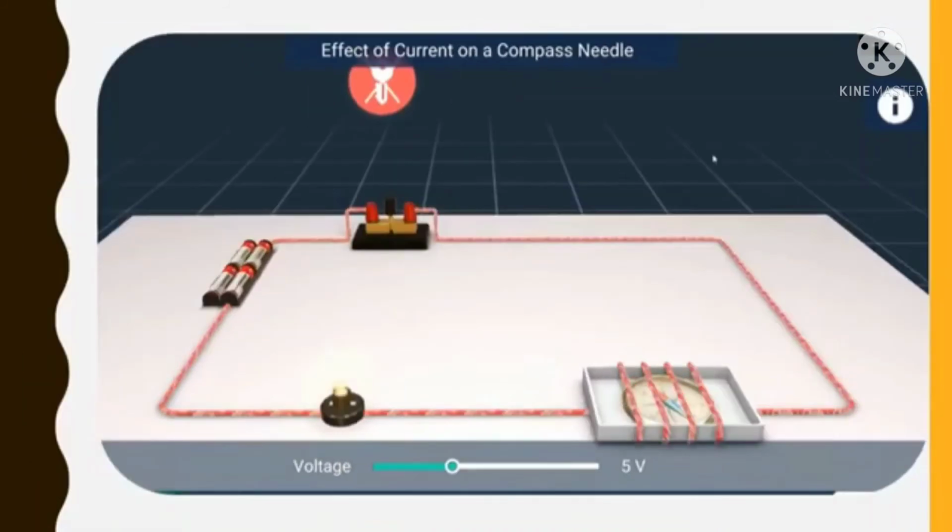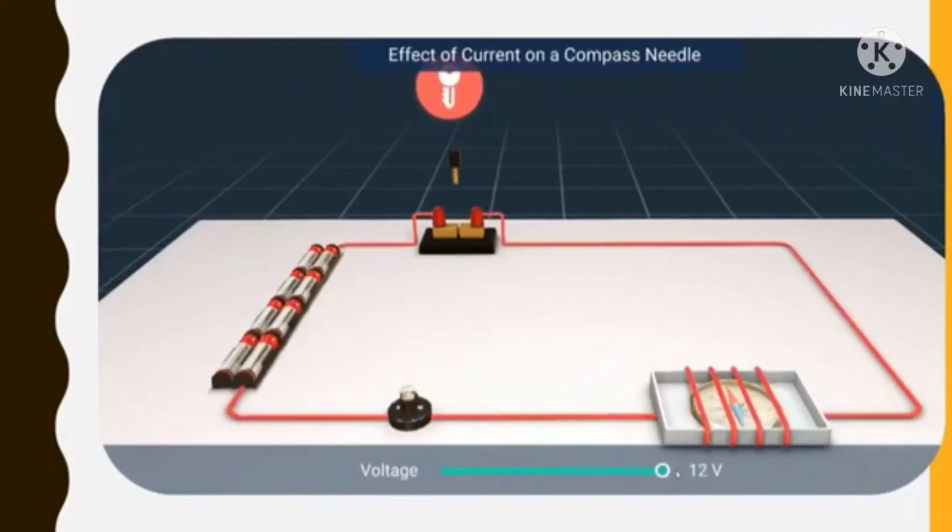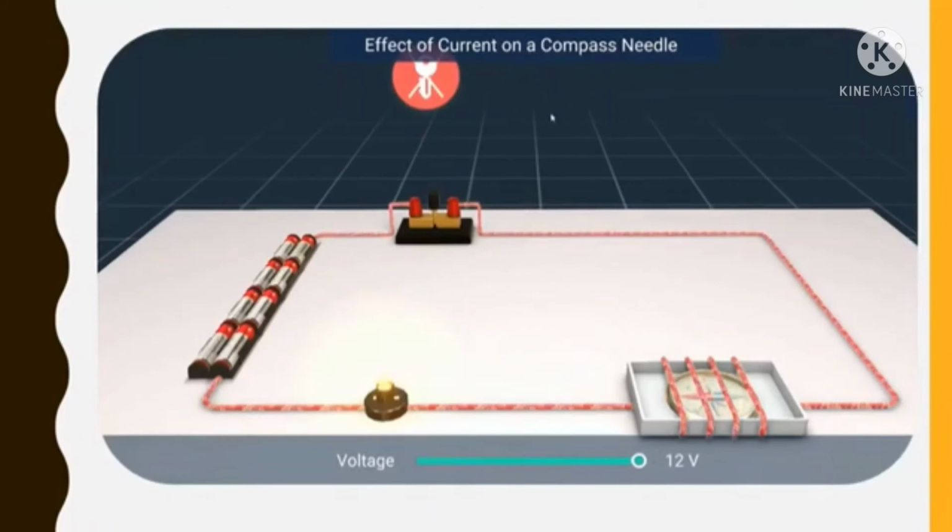See the magnetic compass, electric bulb, needle. The effect of current on the compass needle is a very well-known experiment regarding the magnetic effect of current.